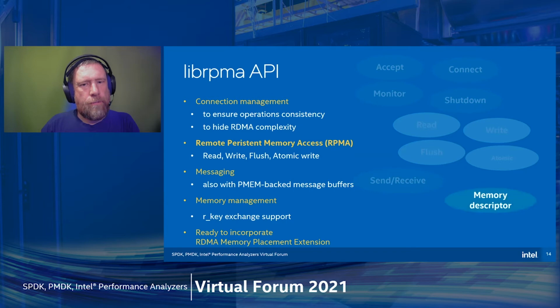There is a set of functions for memory management, and the API is ready to work synchronously and asynchronously, and can be easily integrated with select or epoll or similar kernel mechanisms. Finally, the library architecture is prepared to support new RDMA verbs like atomic write, verify, or flush, as they become available in the hardware.